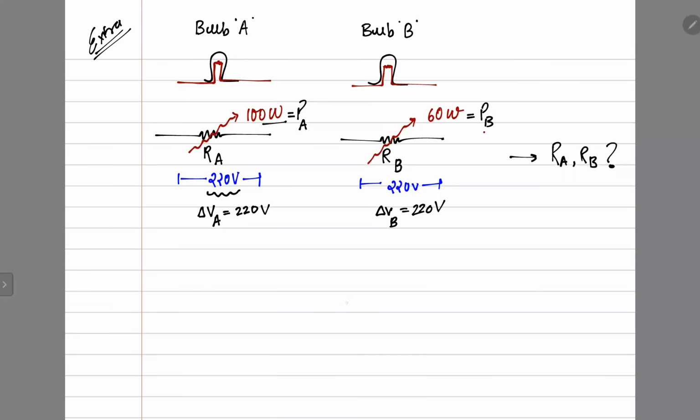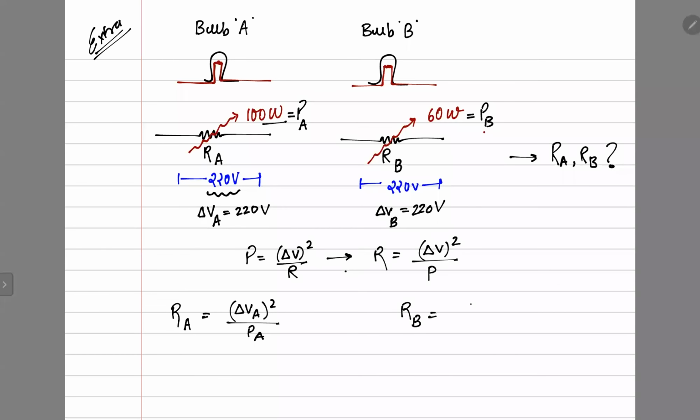We have the formula power is equal to delta V the whole square upon R, and this tells me that R is equal to delta V the whole square upon power. यहां से RA को लिखा जा सकता है as delta VA the whole square upon power of A, and RB लिखा जा सकता है delta VB the whole square upon power of B.